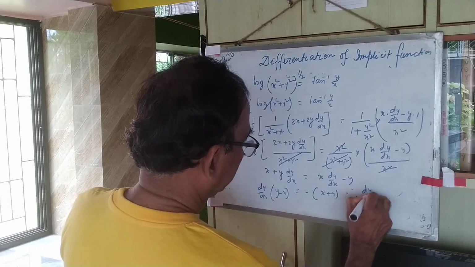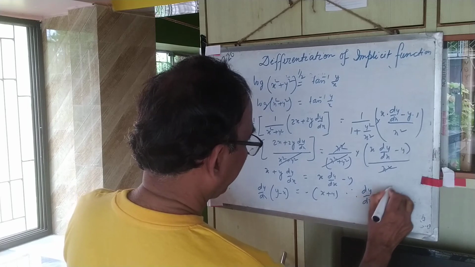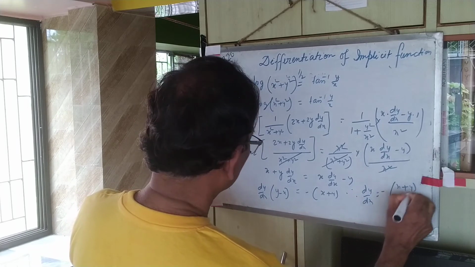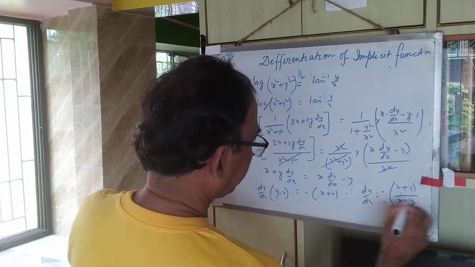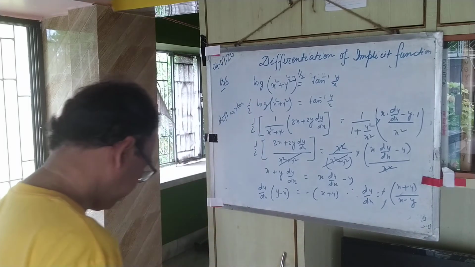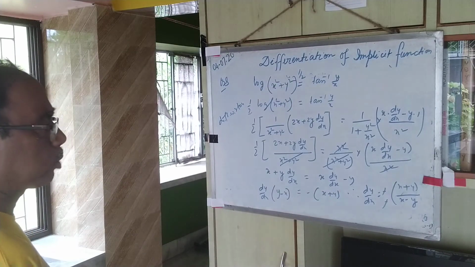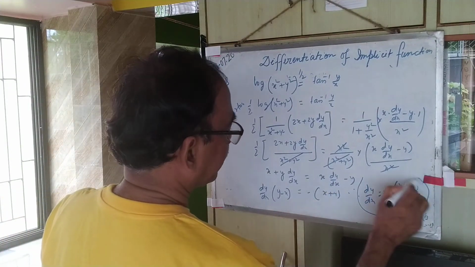Therefore, dy by dx equals minus x plus y by y minus x, we can write as x plus y by x minus y, which is your final answer.